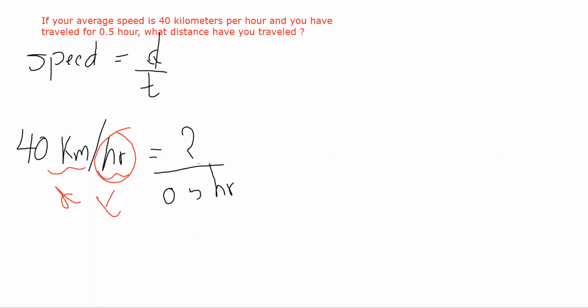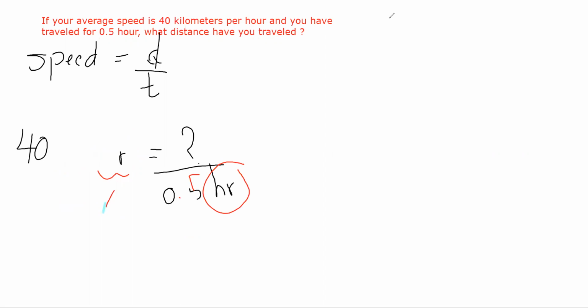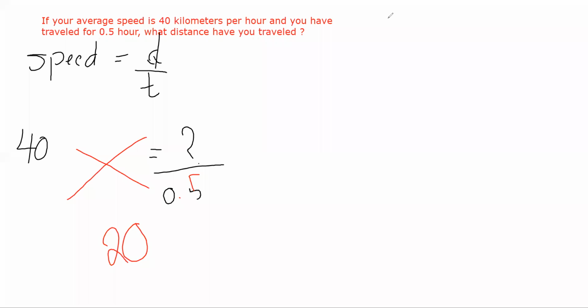Now back to my question. Since I have the same unit in time as in the speed, I can now multiply the numbers as it is, like math. 40 times 0.5 is 20. This will be the distance.